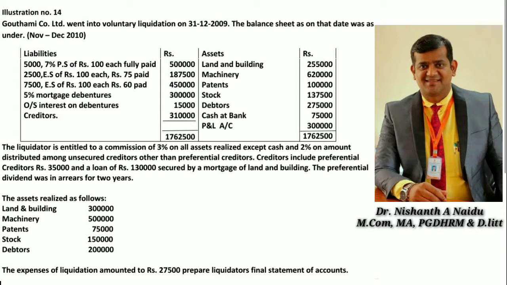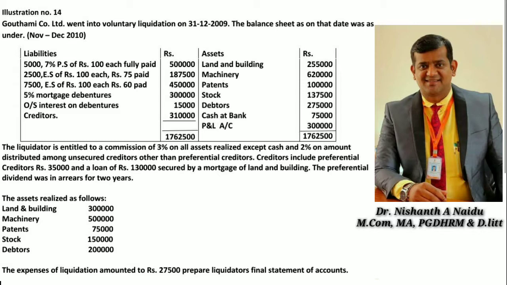Then debenture is there, and outstanding interest on debenture is also there, that we should consider, and all the assets, the realized values are also given. Here you have to understand carefully: the liquidator is entitled to a commission of 3% on all assets realized except cash. So we don't consider cash, even if it is not mentioned.